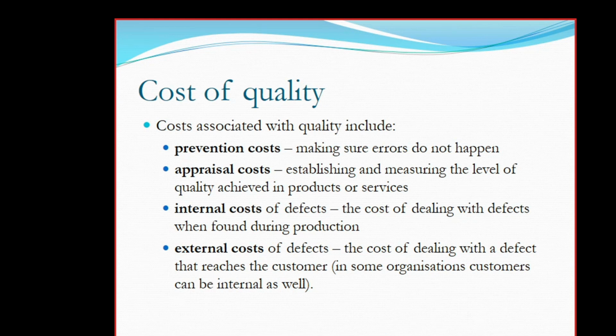External costs of defects is the cost of dealing with a defect that reaches the customer. This is not a good thing for your defects or for your faulty items to reach the customer. It's better if you can prevent the mistakes reaching the customer.